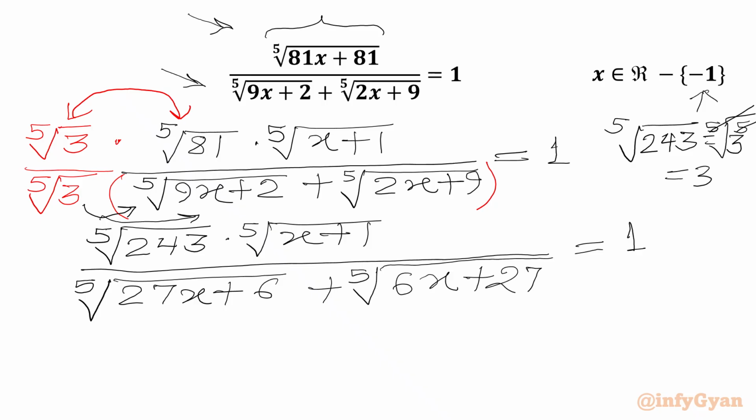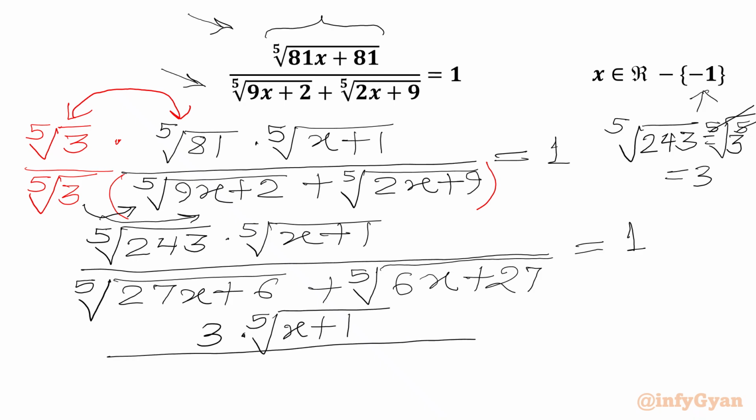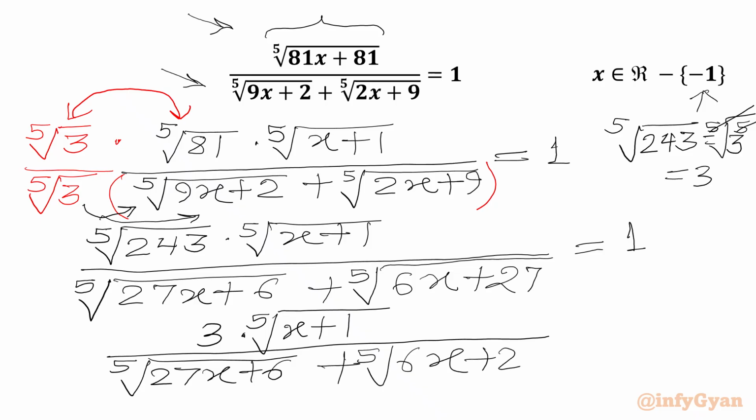So I can write here 3 times fifth root of x plus 1 over fifth root of 27x plus 6 plus fifth root of 6x plus 27 equal to 1. Now we will divide both sides by 3.